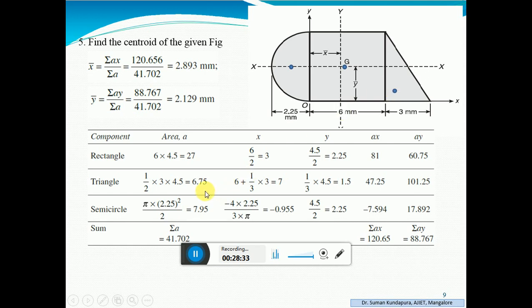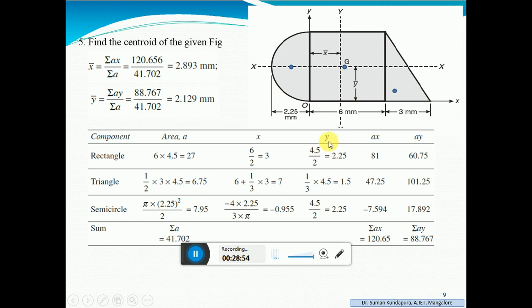Find out the area of the triangle, then find out the x distance with respect to the y axis. What is the x distance? Up to this point you have to measure. What is this? 6. 6 plus 1/3 of 3 will get 7. Okay.